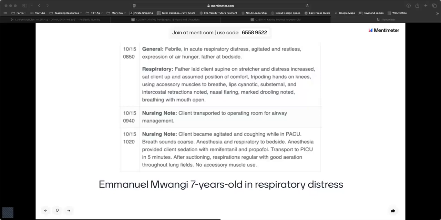Severe respiratory distress with drooling. We insist on sitting up, leaning forward with our mouth wide open. Which respiratory condition is that?